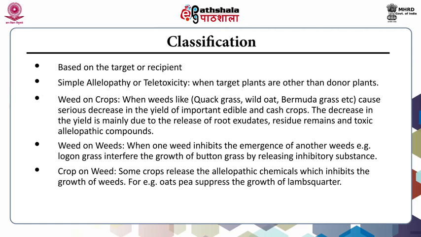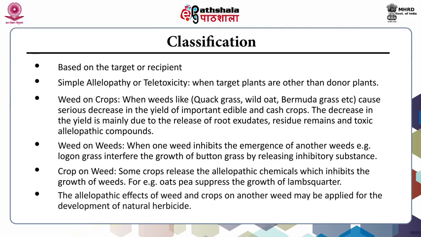Some crops release allelopathic chemicals which inhibit the growth of weeds. For example, oats and pea suppress the growth of lamb's quarter. The allelopathic effects of weed and crops on another weed may be applied for the development of natural herbicides. That is, the phenomenon of biopesticide comes into action here.